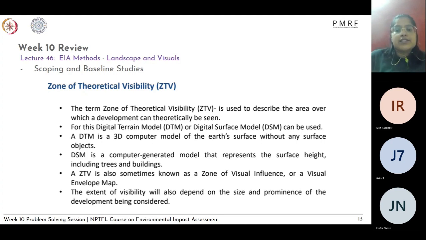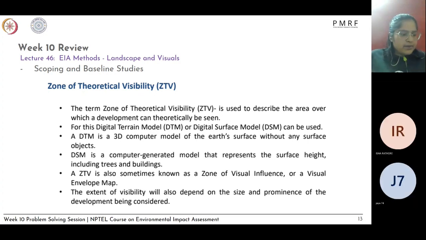And a DSM is a digital surface model, which is again a computer generated model that represents the surface height, including the trees and buildings. And the ZTV is also sometimes known as a zone of visual influence or visual envelope map. And the extent of visibility will also depend on the size and prominence of the development being considered.